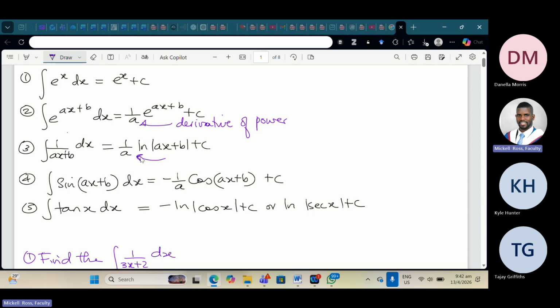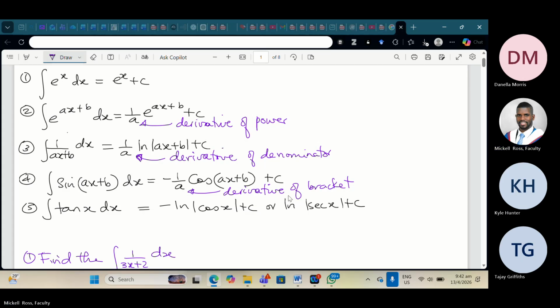This A right here is the derivative of the denominator. And this A right here is the derivative of the bracket. All right. So that is how we get those different A's.